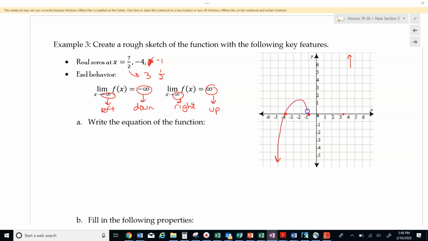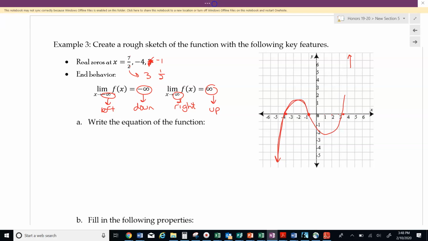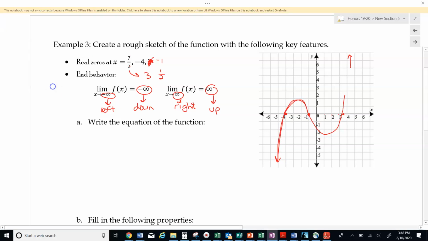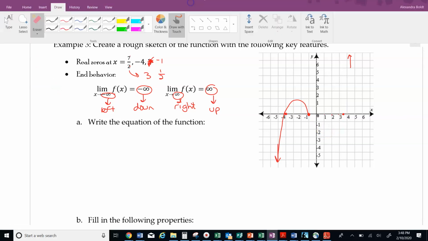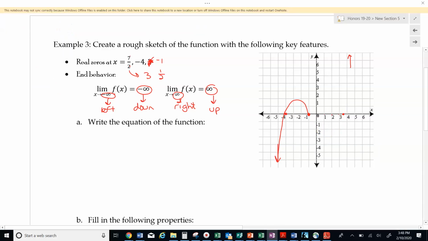Connect my dots. I'm going to try and do that. So let's go get up to 2, that's fine. And then let's go way down. Make it a little more fun.